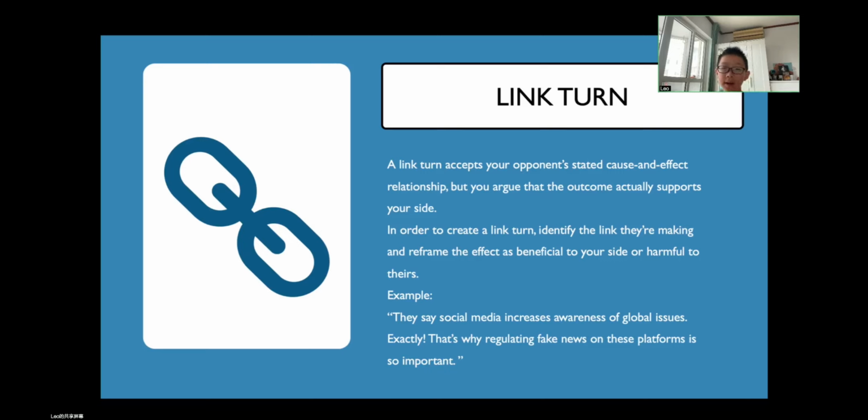In this case, the cause is social media, the effect is increased awareness of global issues. Now you're twisting the effect, which is awareness of global issues, into saying that because there's awareness of global issues, that's why regulating fake news on these platforms is so important. So this actually supports our side.